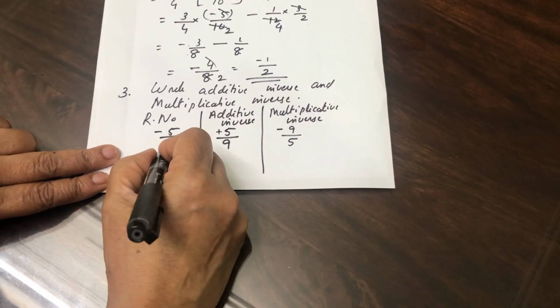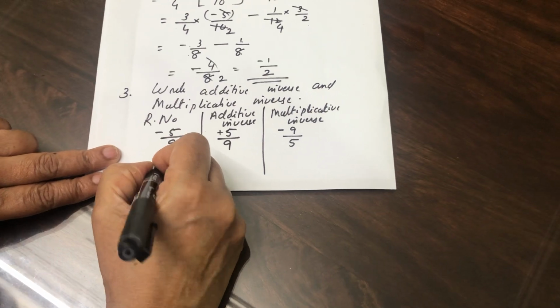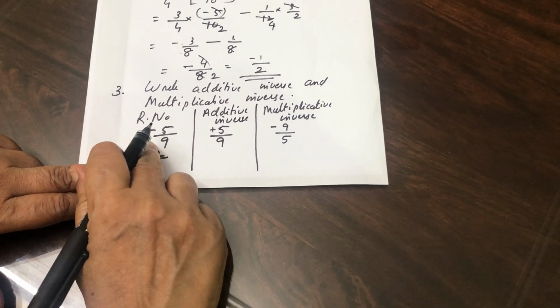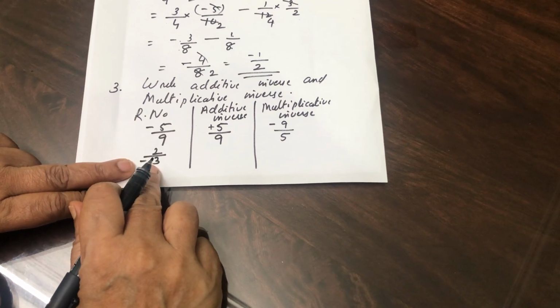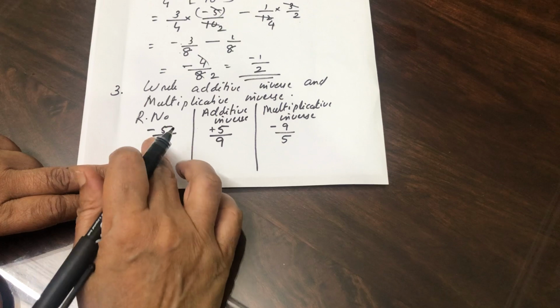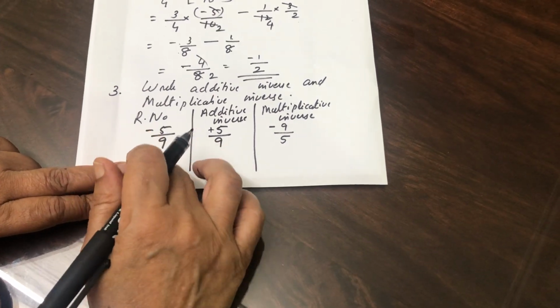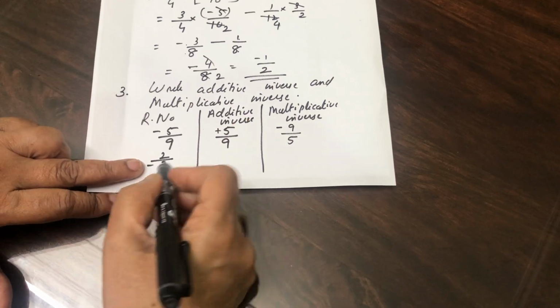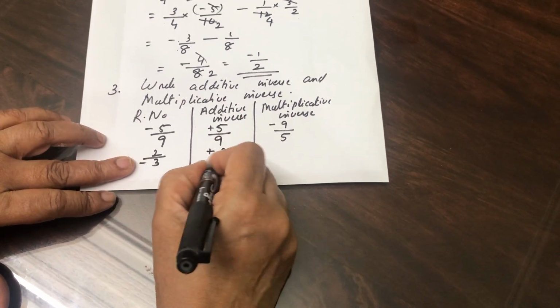The next number is 2 by minus 3. But minus 3, I told you can write it in the numerator also, denominator, anywhere you can write. Then the value will remain the same. 2 by minus 3 and minus 2 by 3 is the same. So what is the additive inverse? This minus sign will become plus, 2 by 3.